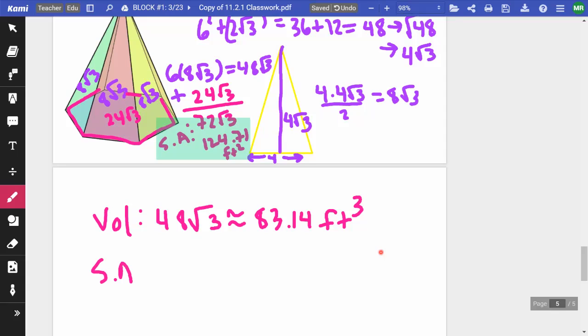My surface area was 72 root 3, which was about 124.71 square feet.